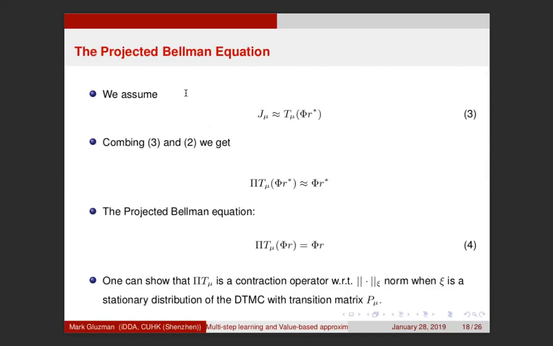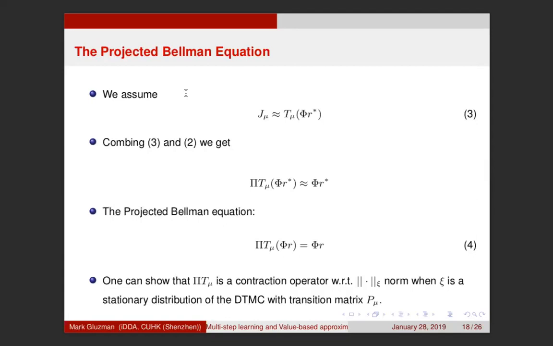So let's say you have Φ R star right here. This is some vector in your big state space.